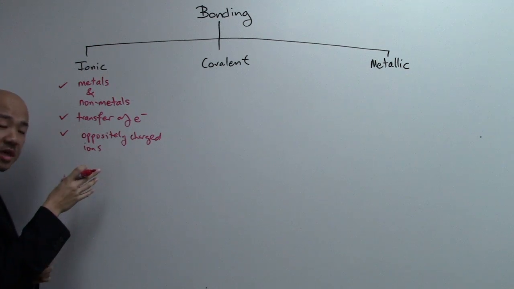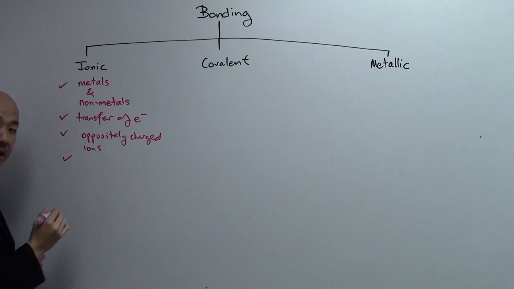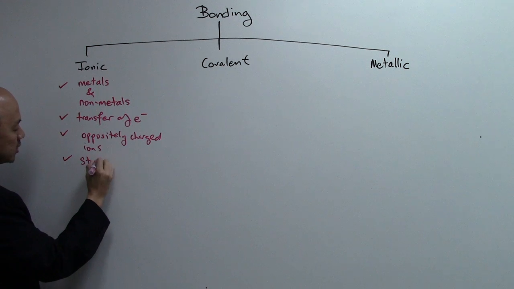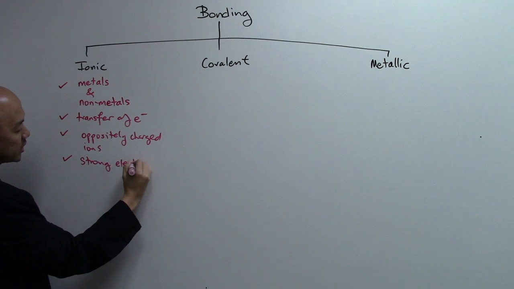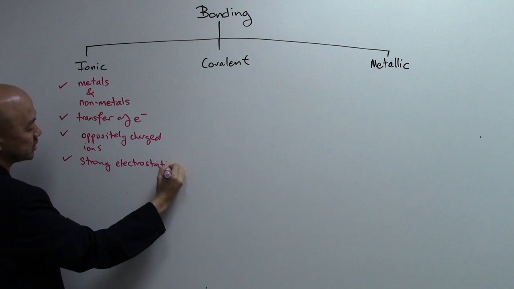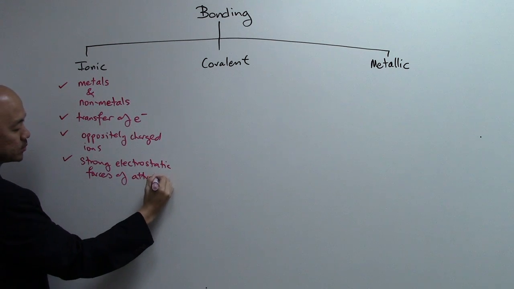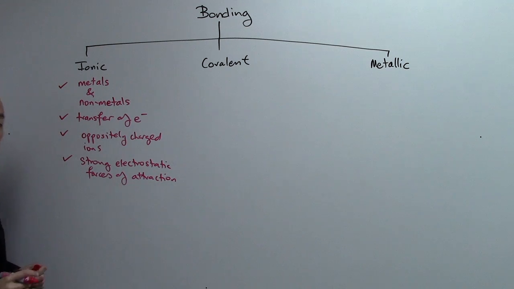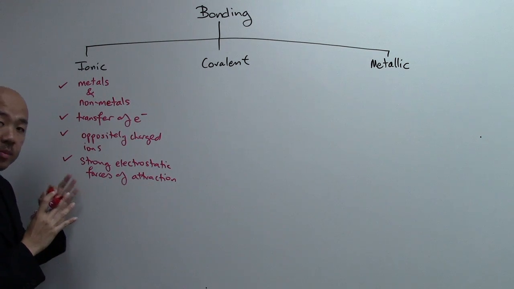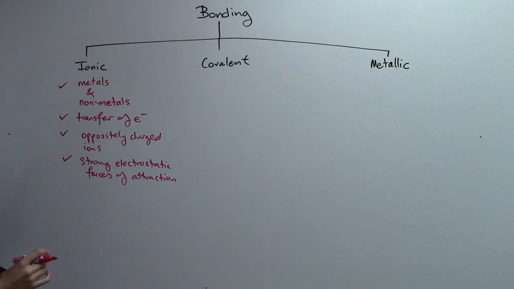Now, these oppositely charged ions will then be held together by strong electrostatic forces of attraction. And this is ionic bonding. You then have your ionic compound.